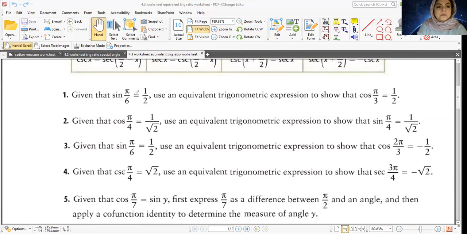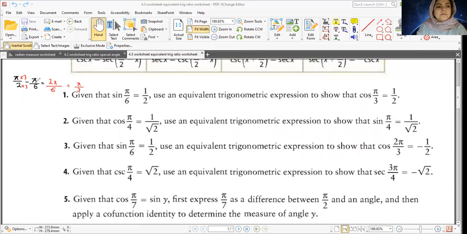You find the difference between pi over 6 and pi over 2. So pi over 2 minus pi over 6. You just multiply this one by 3. So it's going to be 2 pi over 6, which is equal to pi over 3, right?